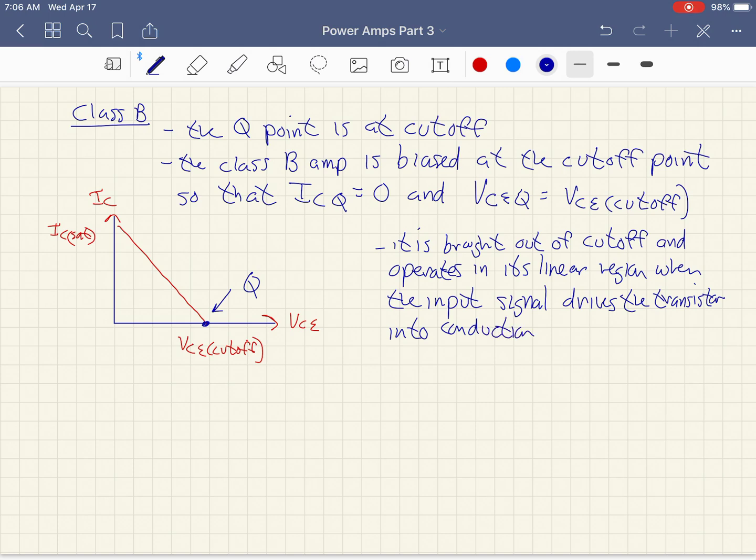Okay. So an example would be an emitter follower circuit. There's only one L, two M's, two T's. Emitter follower circuit. So we've got Vin.